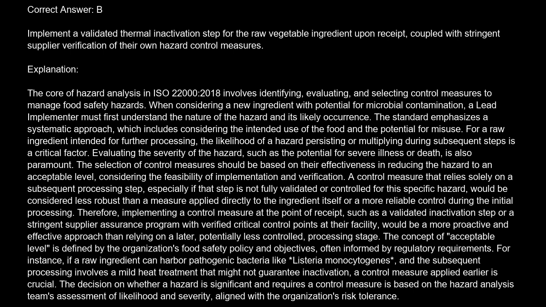For instance, if a raw ingredient can harbor pathogenic bacteria like Listeria monocytogenes and the subsequent processing involves a mild heat treatment that might not guarantee inactivation, a control measure applied earlier is crucial. The decision on whether a hazard is significant and requires a control measure is based on the hazard analysis team's assessment of likelihood and severity, aligned with the organization's risk tolerance.